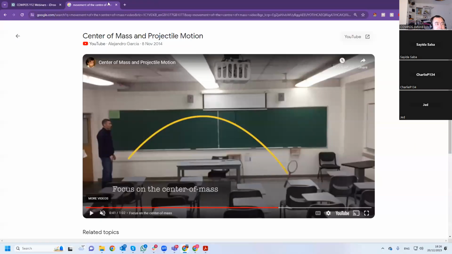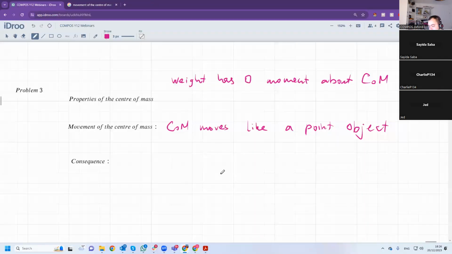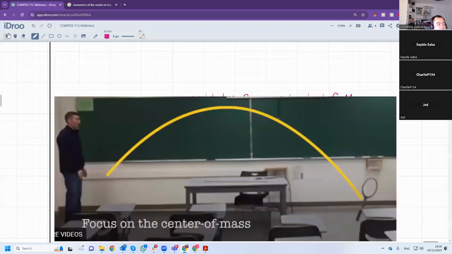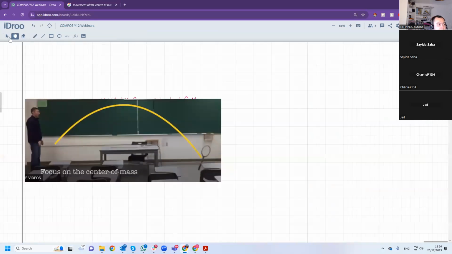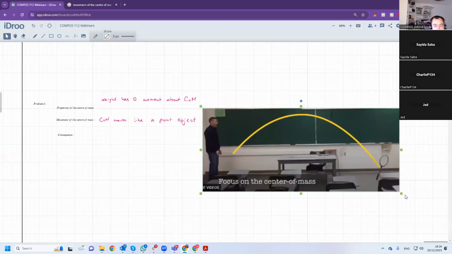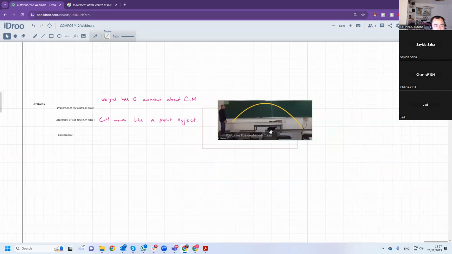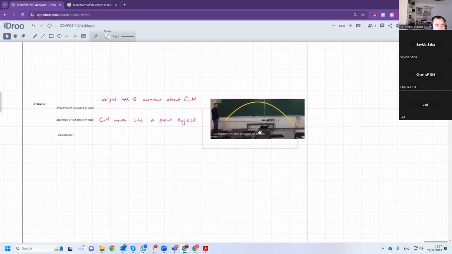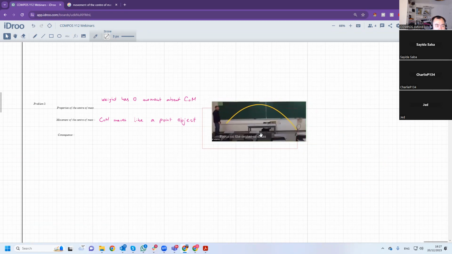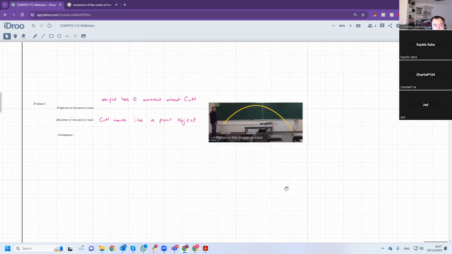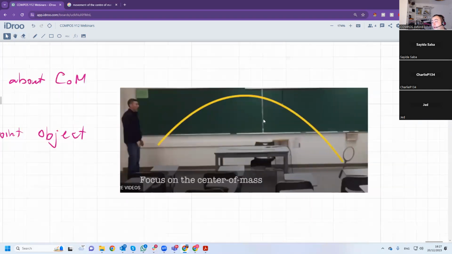So the center of mass follows a trajectory that a point object would follow.